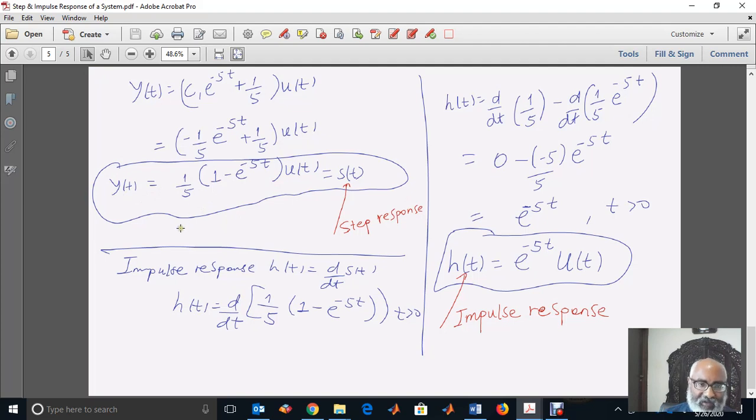Now from this we can get the impulse response h(t), the derivative of s(t) for t greater than 0, because for t less than 0, this is 0.